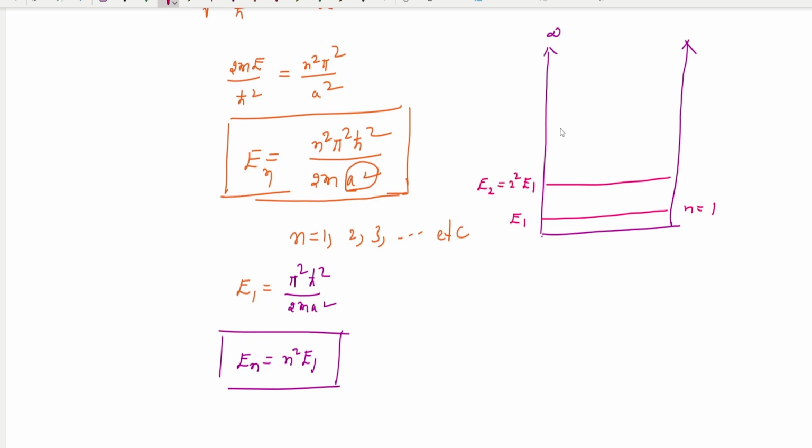For n equal to 3, E3 equal to 3 square E1. These are the eigenvalues of the infinite potential box.